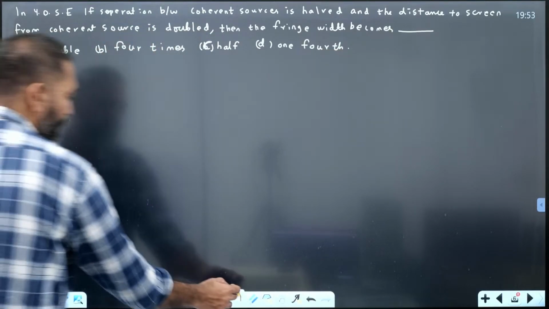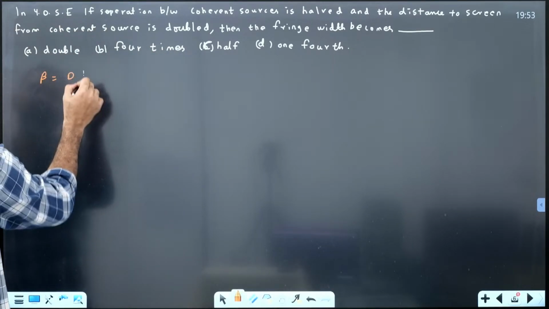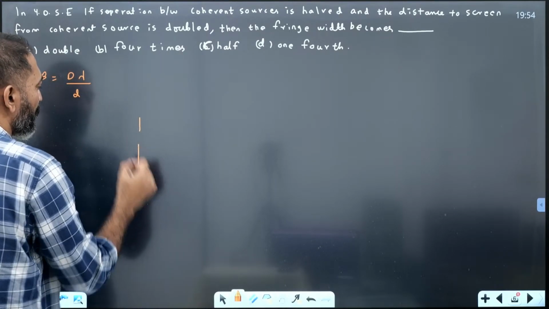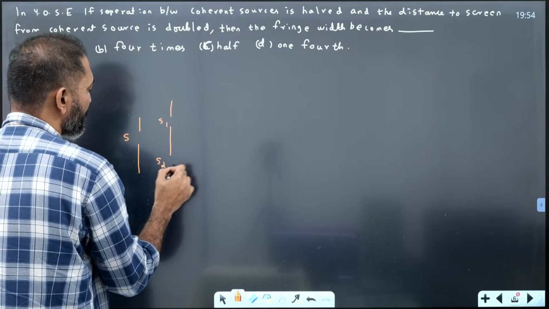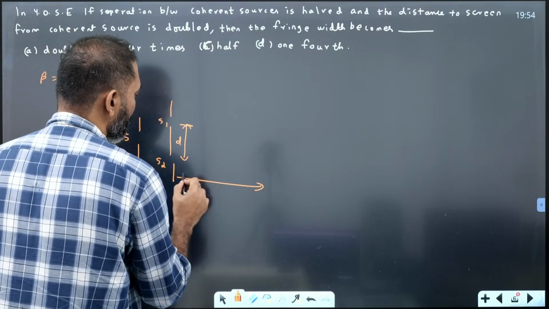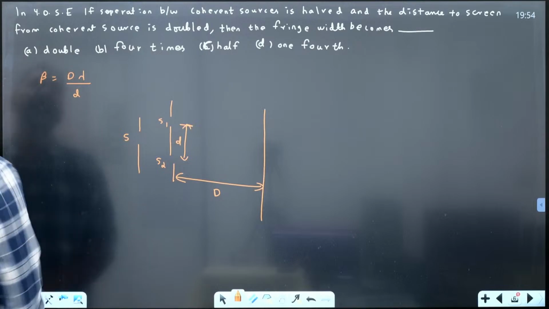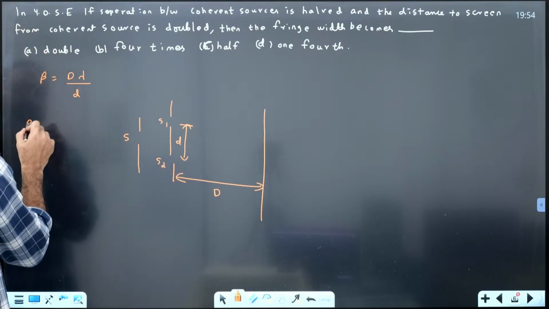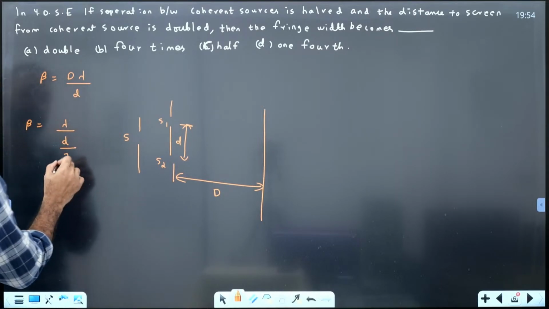So what is the equation for fringe width? Beta is equal to D lambda by d. What happens here? Again I am telling you, this is a monochromatic source, S1, S2 act as coherent sources. This distance is small letter d. Distance between coherent source and screen is capital letter D. Separation between coherent sources is halved, so beta equal to D lambda by, instead of small letter d, I should write d by 2.